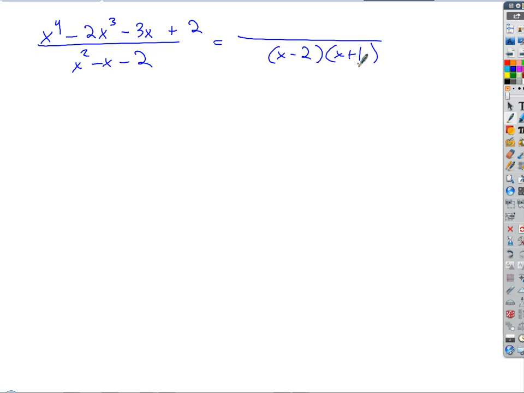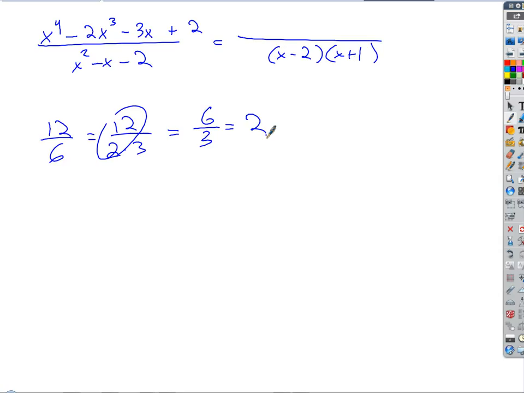Okay, so if I were going to divide 12 by 6, the answer's 2, right? But that's the same thing as saying 12 divided by 2 times 3, right? So I could, if I wanted to, would you agree that I could divide those two first? 12 divided by 2 is 6, right? Divided by 3 is 2.